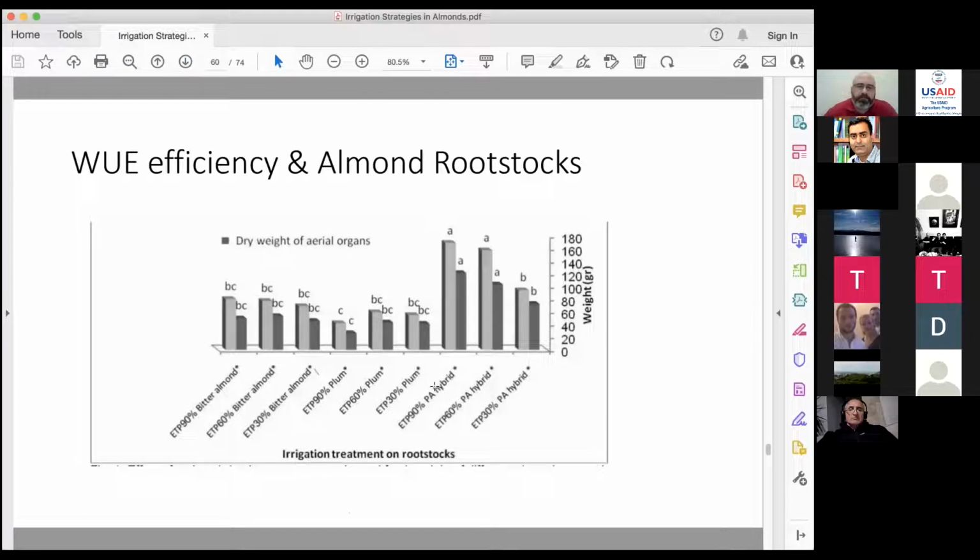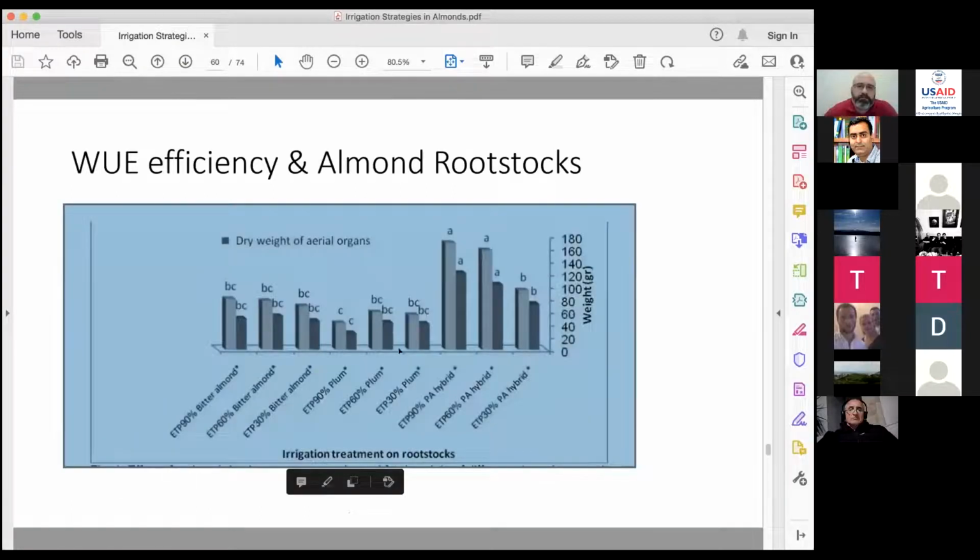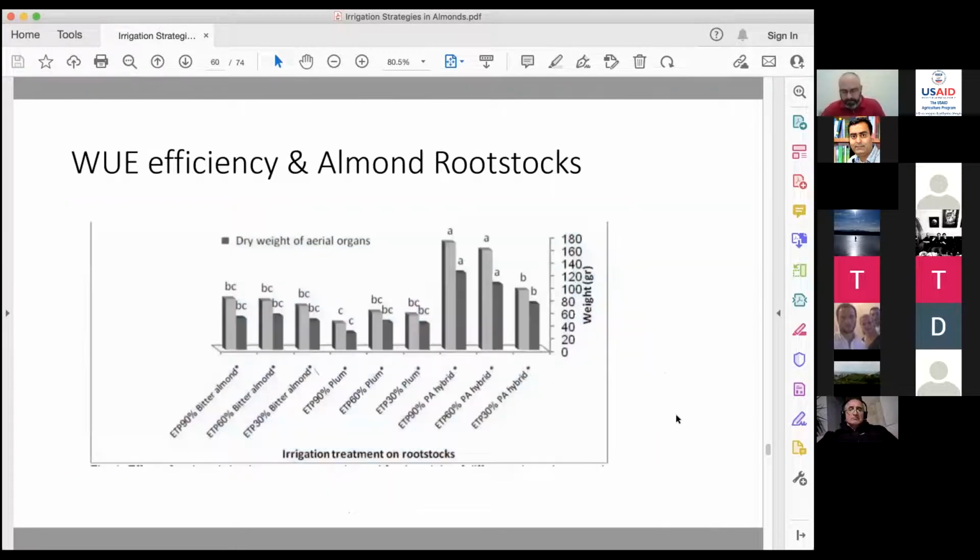And each of these rootstocks was irrigated at 90% of evapotranspiration, or 60%, or 30% of evapotranspiration. If you compare all three types of rootstocks, in general, you can see that the peach almond hybrid rootstocks had really high water use efficiency.